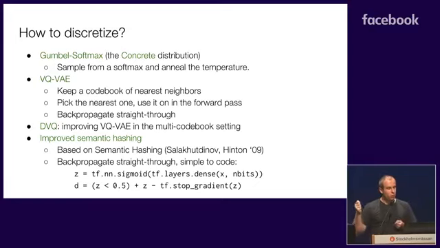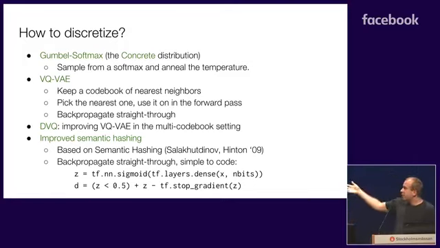You have a codebook of nearest neighbors, and to discretize a vector, you pick the nearest neighbor from this codebook, and use it in the forward pass as your activation, but backpropagate straight through to the vector you had in the beginning. In the work I'm presenting, we improved VQ-VAE and the multi-codebook setting a little bit.